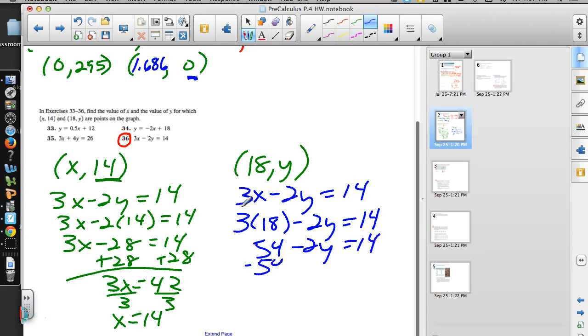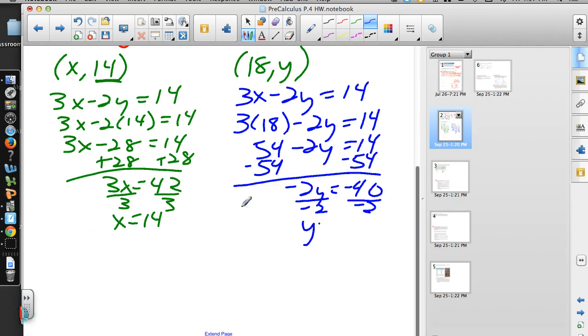And then we subtract 54 from both sides, and negative 2y equals negative 40. We divide by negative 2, and y will equal 20. So these problems are just an exercise in, do you recognize that they're giving you the x or the y value, and can you find the other one?